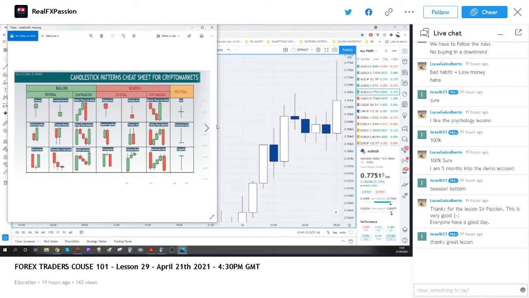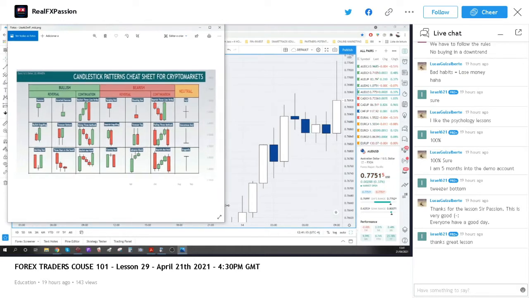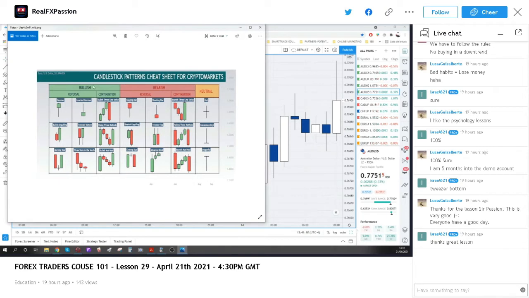Okay, and we have bullish in here, right? Let me increase the scale of the picture. So we are looking for bullish, right? We're looking for bullish reversals, right? And so the question is, number one, is this a bullish candlestick formation 1, 2, 3, 4, or is this not a bullish candlestick formation?